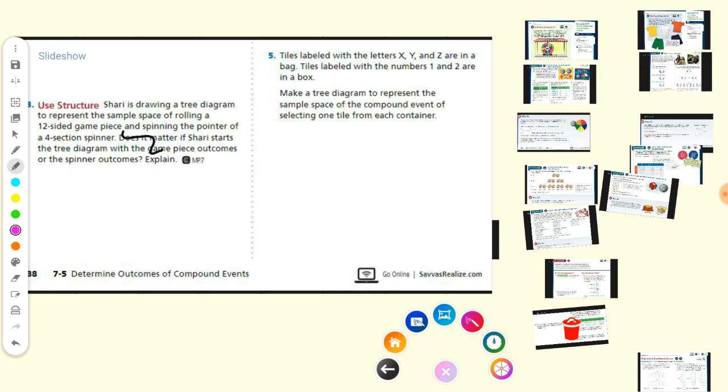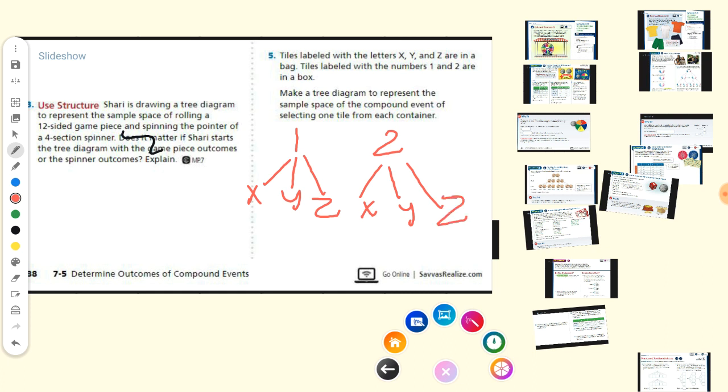Okay, let's make the tree diagram. First, we'll take 1. It may be with X or Y or Z. And if it's 2, it may be with X, Y, and Z. So all possible outcomes are 1X, 1Y, 1Z.